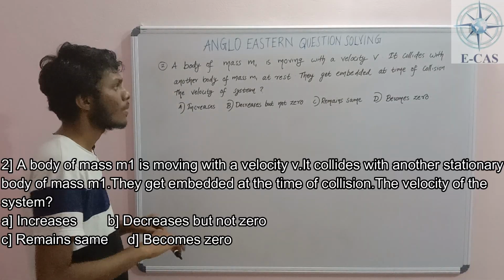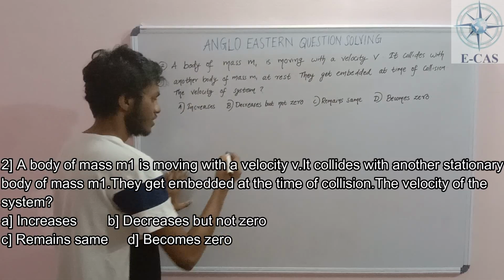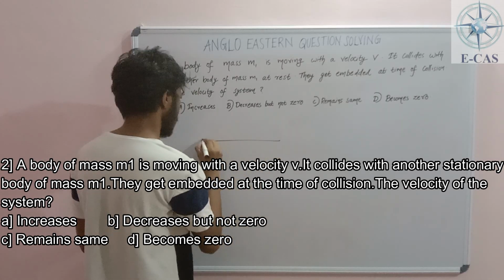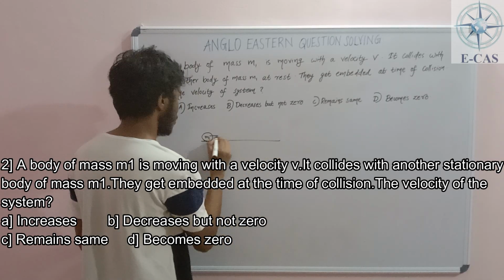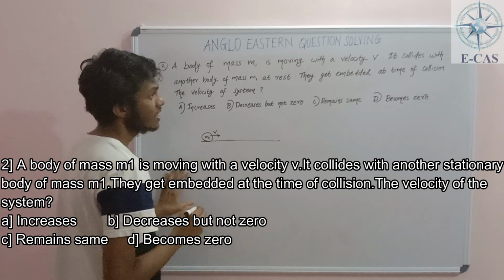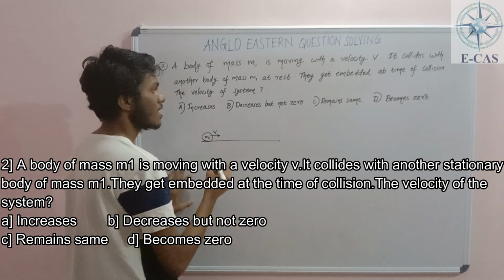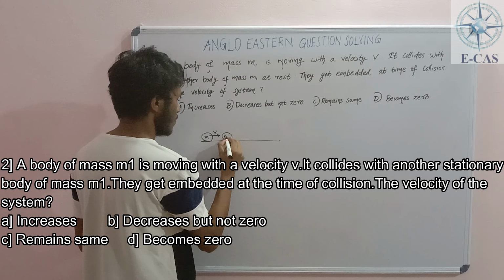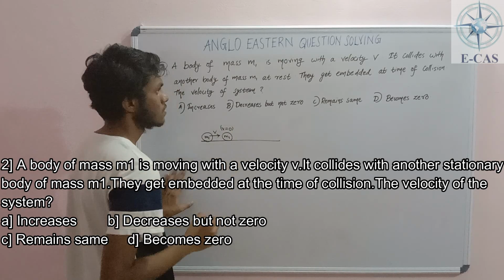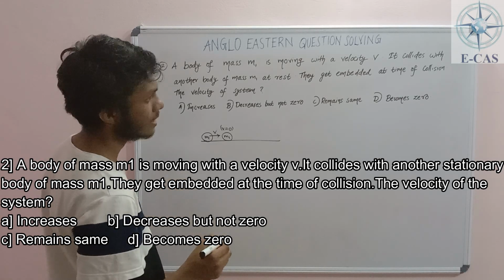A body of mass m1 is moving with a velocity v. It collides with another body of mass m1 at rest. They get embedded at the time of collision.